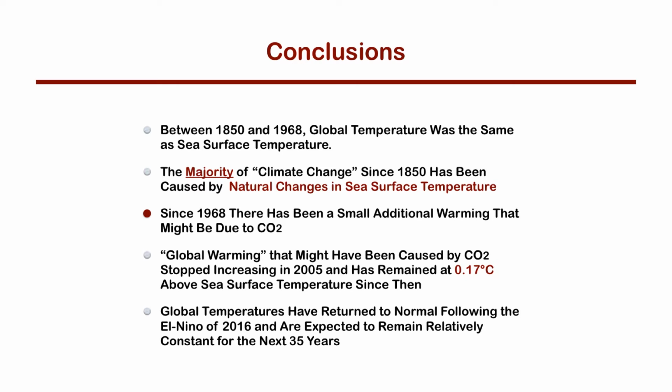Since 1968, there's been a small additional warming that might be due to CO2, but that global warming that might have been caused by CO2 stopped increasing in 2005, and it's remained fairly constant at 0.17 degrees centigrade ever since then. And global temperatures spiked in 2016 due to the El Nino event, but they have now returned to normal following that event. And global temperatures are expected to remain relatively constant for the next 35 years at least.